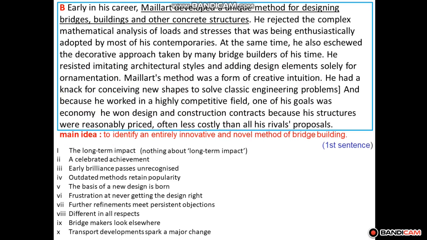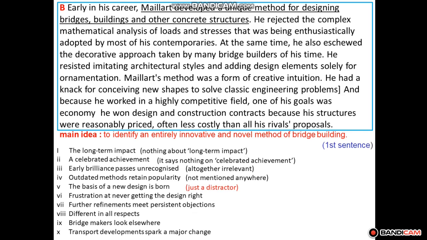Okay, now the first one, there is nothing about long-term impact in this paragraph. Second one, it says nothing on celebrated achievement. Third one, altogether irrelevant. Fourth one, not mentioned anywhere in the paragraph. Fifth one, just a distractor. Well, these distractors are in fact destructors. They destroy your time and effort. Fine. That seems similar to the heading we are looking for, but in fact that's a distractor.